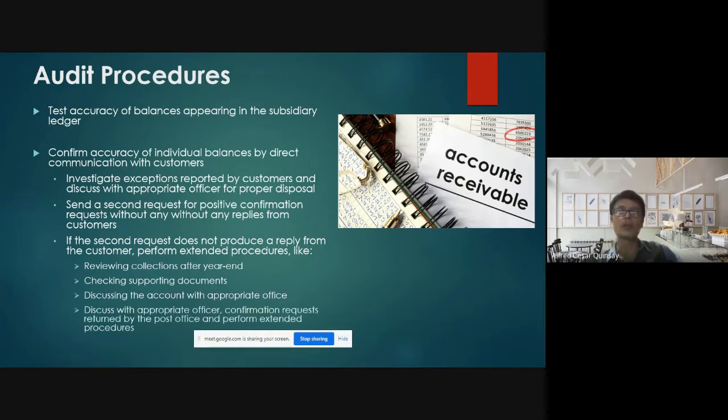Discuss with appropriate officer confirmation requests returned by the post office and perform extended procedures.